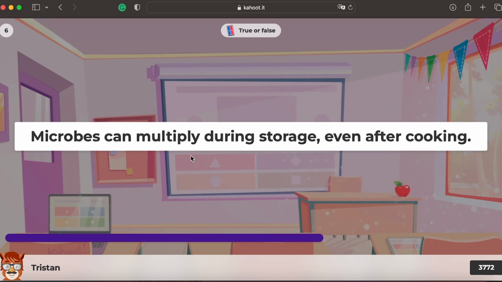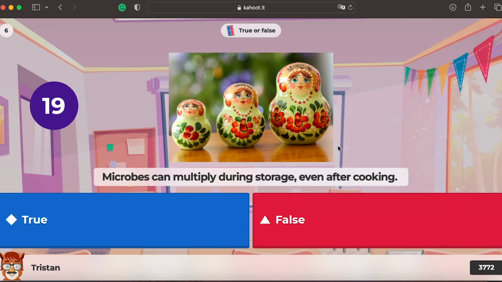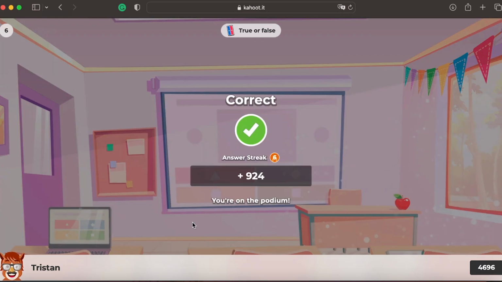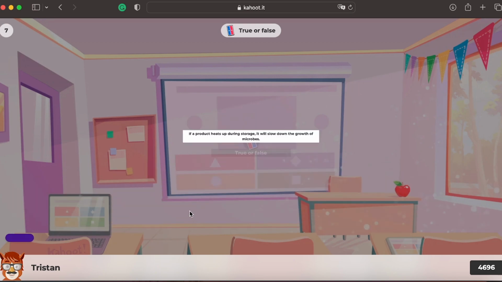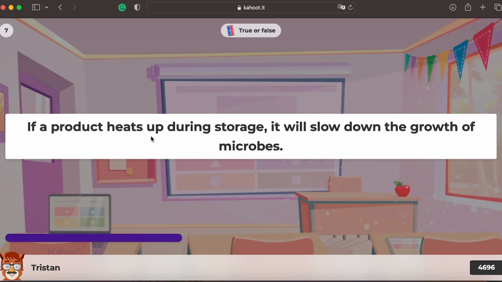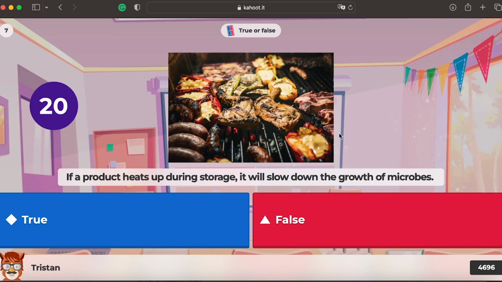Microbes can multiply during storage, even after cooking. Yes. If a product heats up during storage, it will slow down the growth of microbes. Maybe I would choose true.